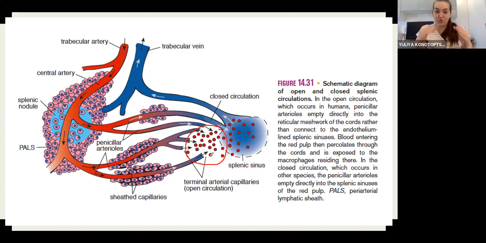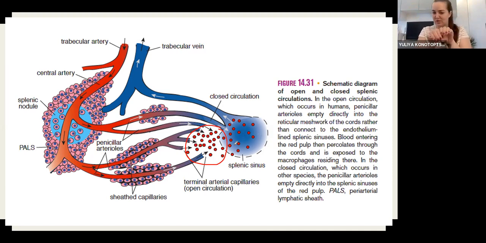And the blood goes from the penicular arterioles to the splenic sinuses through those cords of Billroth. We call it open circulation, because the blood leaves the vessel for a short period of time. It's not from a vessel to a vessel. It's not from penicular arteriole to the splenic sinus. It's not like this. This is closed circulation.